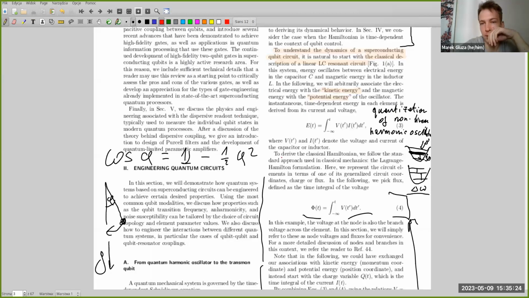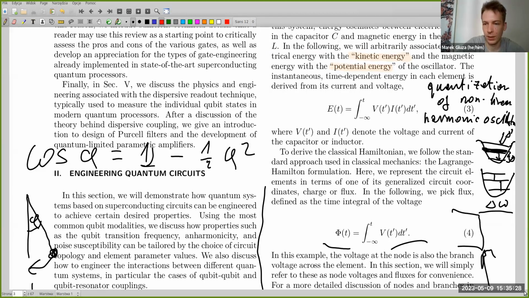One important thing to know is the flux variable, which will later be quantized, and it's defined here in equation 4. Basically, you can think of having some circuit, maybe like this, and then here there will be some grounding, and here I could add some time-dependent voltage.